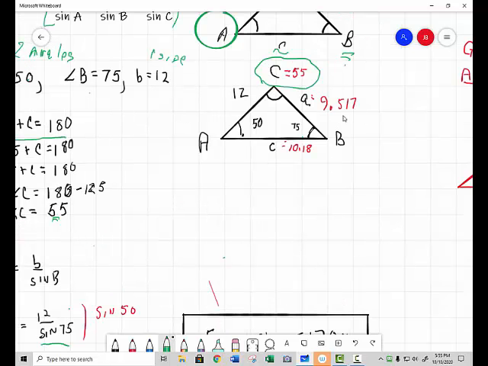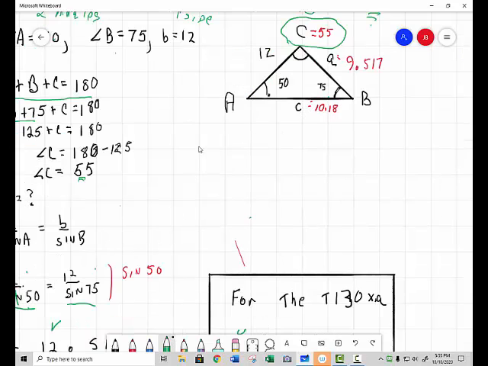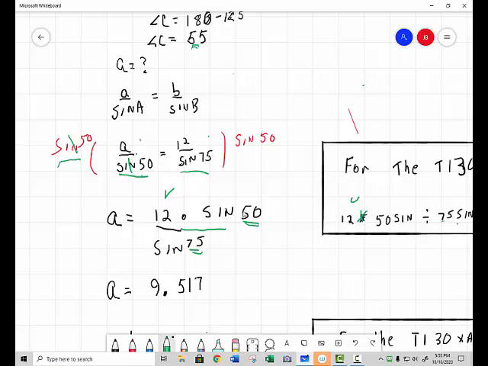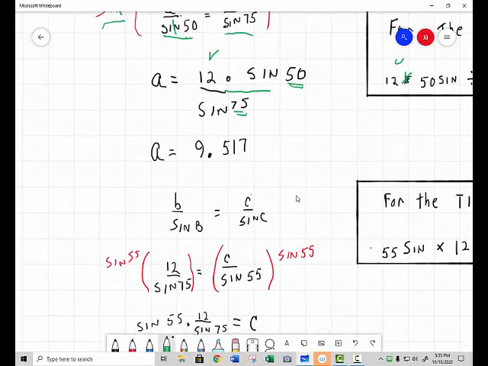Now I've got to find this side C over here. I found the angle C, I found side A, and I want to find this one. We're going to use exactly that same ratio. That same idea is that B divided by the sine of B is equal to C divided by the sine of C. Well, I know B, that's 12.